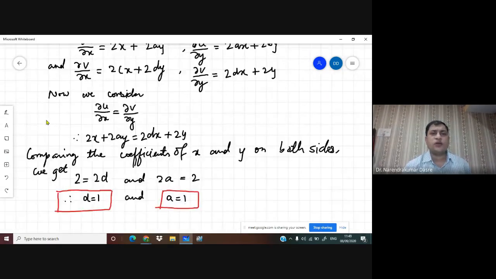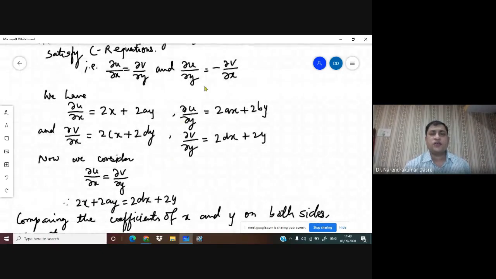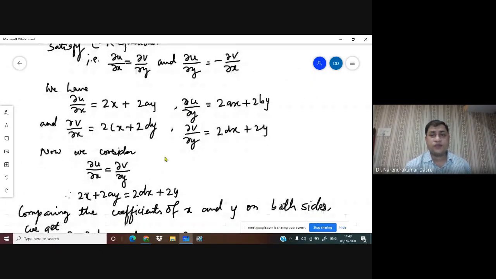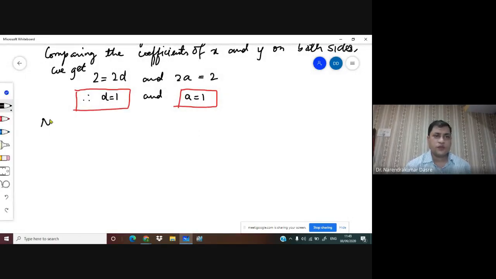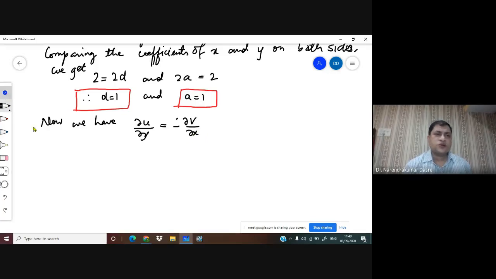And now we have to consider the other equation. So now we consider u_y is equal to minus v_x.